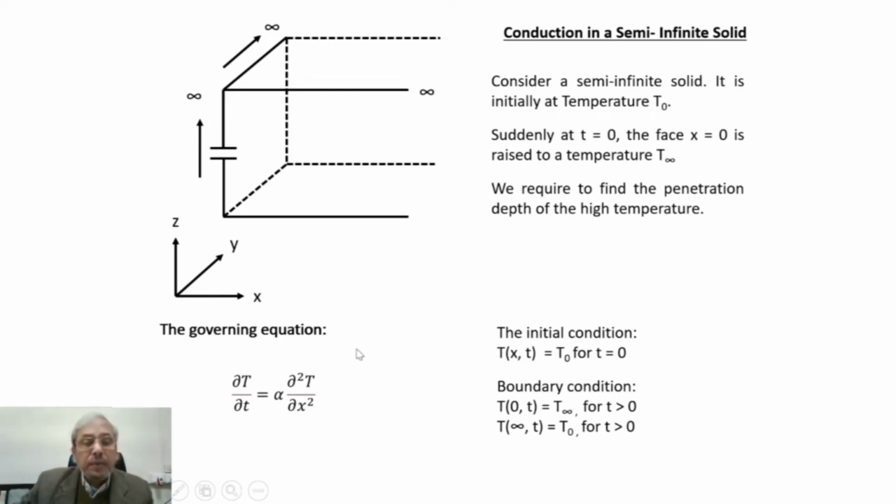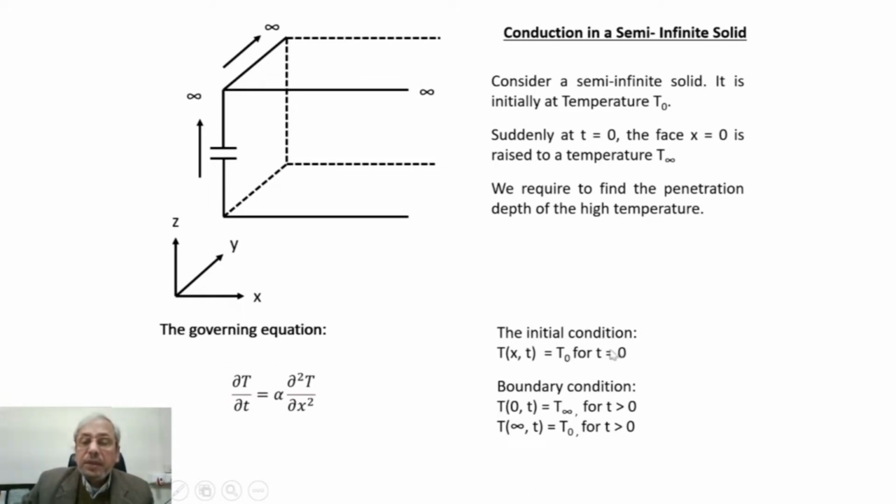Now the governing equation is obviously given by del uppercase T by del lowercase t, the temperature by del time, equal to alpha del 2T del x2. The initial condition, as I have said, is uniform temperature everywhere in this solid body.